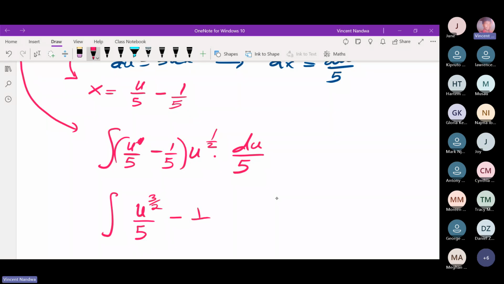Then this will be minus 1 over 5 u to the power half, then multiply by the u over 5.